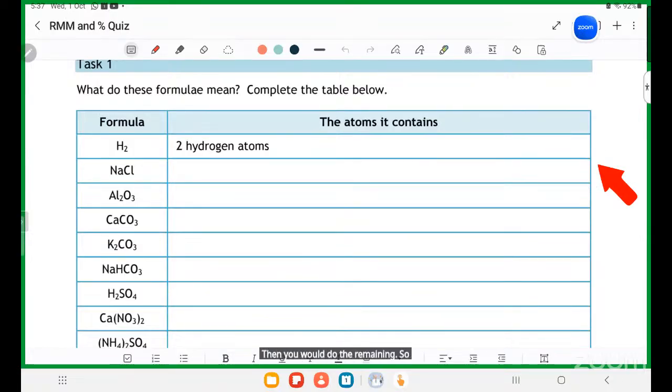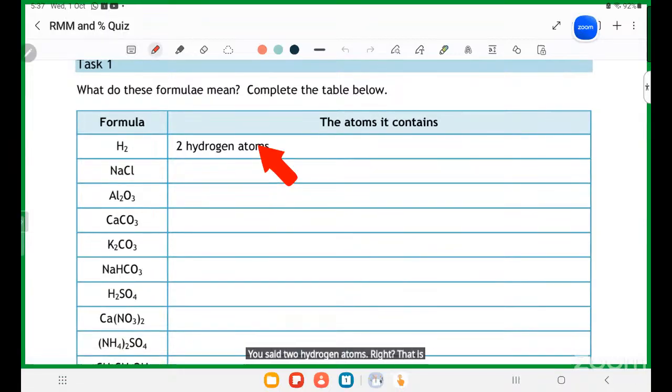So what do we have here? Instruction says, what does this formula mean? Complete the table below. Now, this is the formula. They want you to interpret it. How do you pronounce it? You say 2 hydrogen atoms, right? That is how you pronounce that. Then for the second one, you say Na is sodium, right?